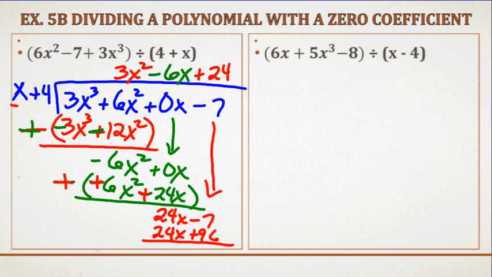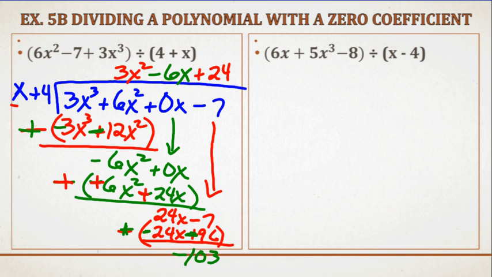Subtract everything underneath here. So that means I've got to add the opposites. So 24x minus 24x is 0. Negative 7 minus 96 is a negative 103.